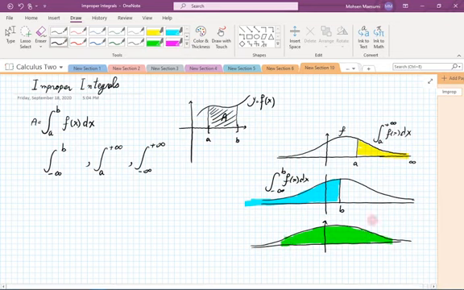So that's the picture of the third type. I have the integral from minus infinity to plus infinity of f of x dx. So this is one type of improper integral, if your limits are infinite.